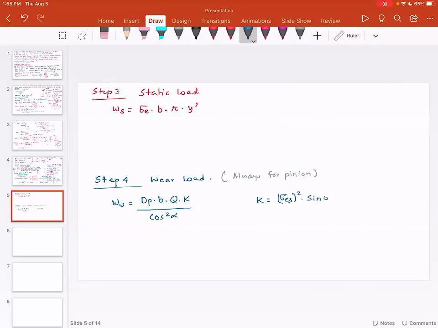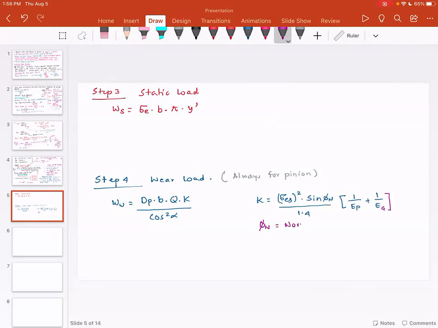The best part of design is we don't have to remember all these equations. We can always refer to the design data book, which is slightly different from high school, where we had to remember all these equations. But in design, you want to have the reference equations with you.